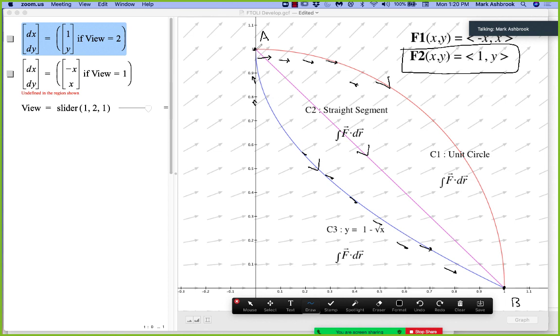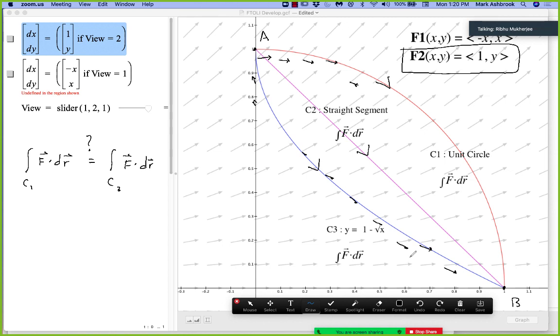What about the line integral along C1 versus C3? We said they're both positive. Are they equal? Yes. How do you know for sure, if we're just eyeballing, that those are the same positive value?